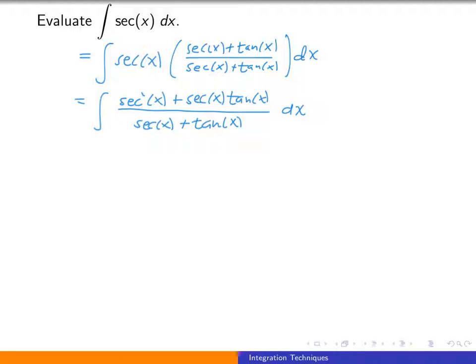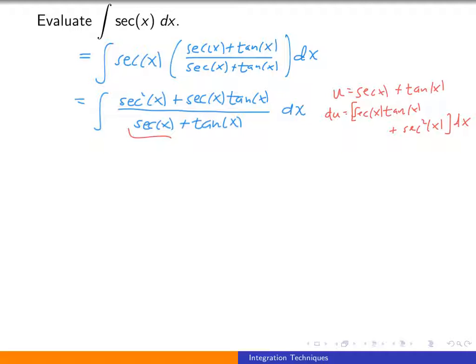So the reason we've multiplied by this secant plus tangent over secant plus tangent is it leaves you in this ideal situation to do a u substitution. So u is secant plus tangent, then du is secant tangent plus secant squared, and then that entire quantity is multiplied by dx.